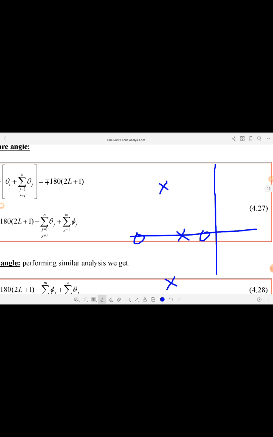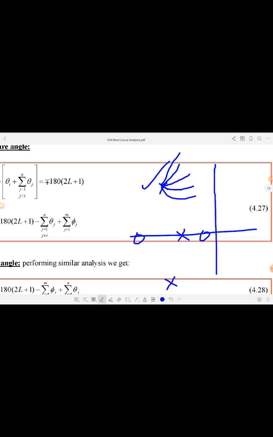We are interested in the angle of departure of this complex pole. So what is meant by the angle of departure? When the root locus starts from this pole, at what initial angle does it depart from this complex pole? This is what is meant by the angle of departure.